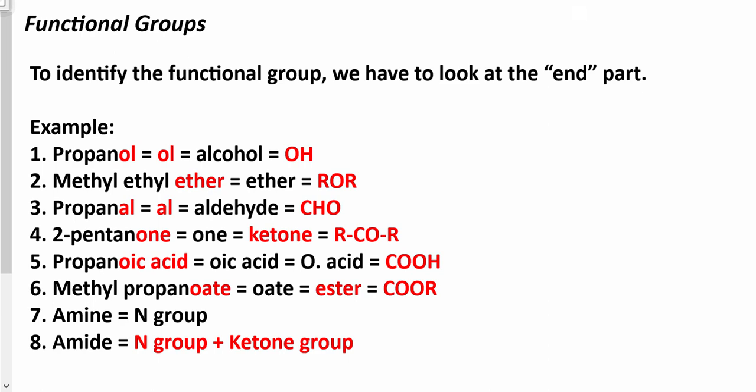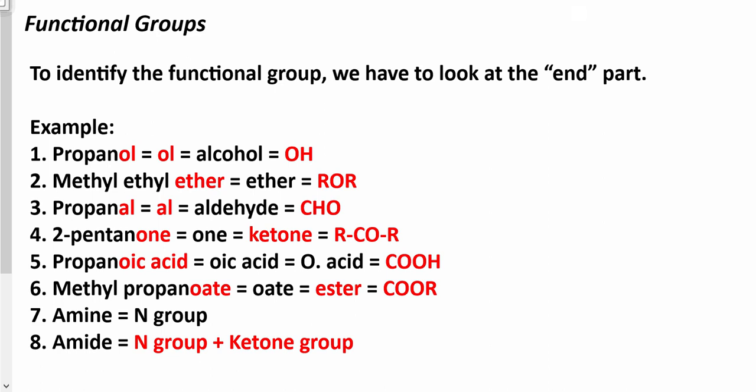On the left side and right side, the carbon groups might be the same or might be different. It doesn't matter. And then in the center of that compound, you're going to have a carbon double bonded with the oxygen. So that oxygen is only bonded with carbon. Keep that in mind.